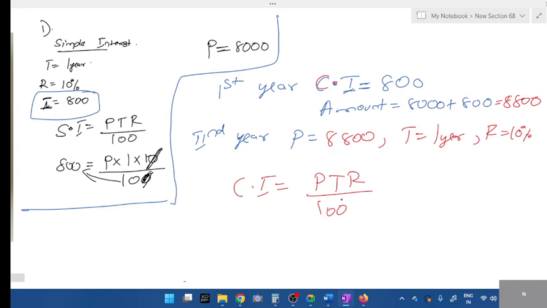Okay, go through it, Alia. You understood what to find, how to find compound interest. Yes, Anna, what about you?